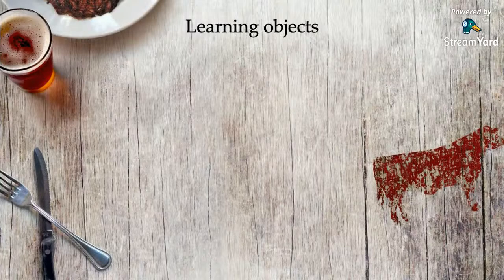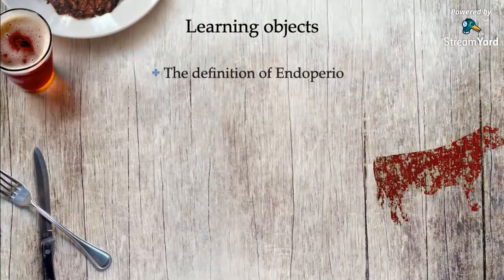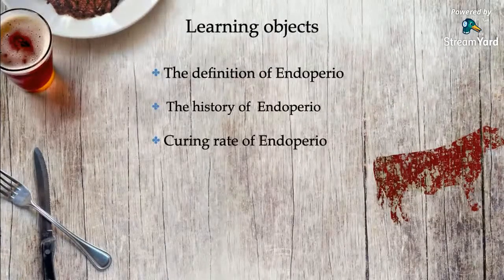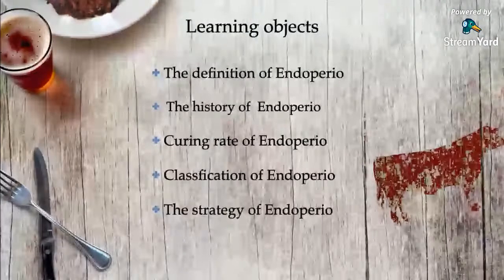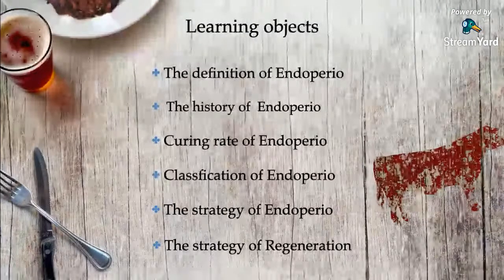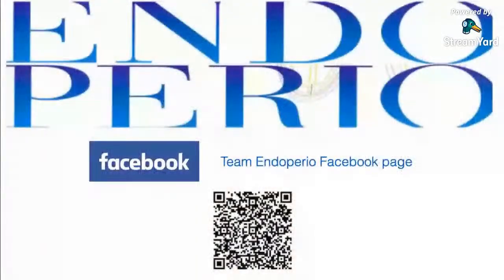So, the learning objectives: today we learned the definition of endo-perio, the history of endo-perio, the healing rate of endo-perio, the classification of endo-perio, the strategy of endo-perio and, at last, the strategy of regeneration.